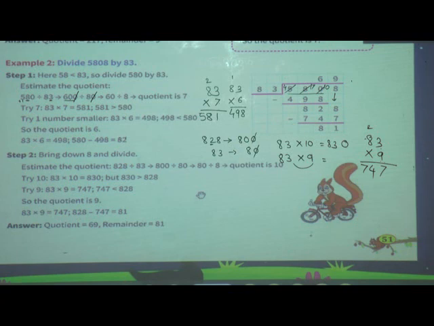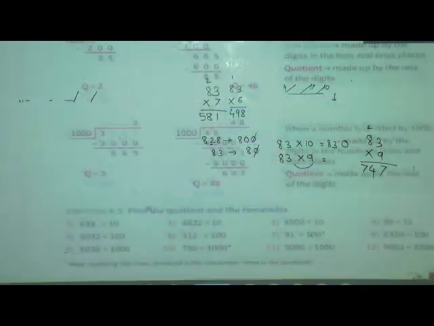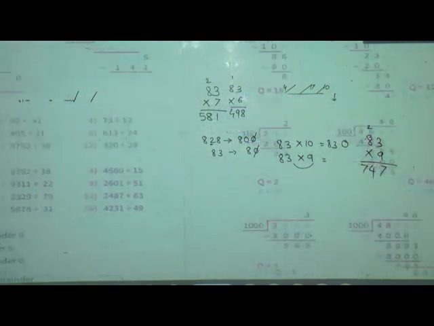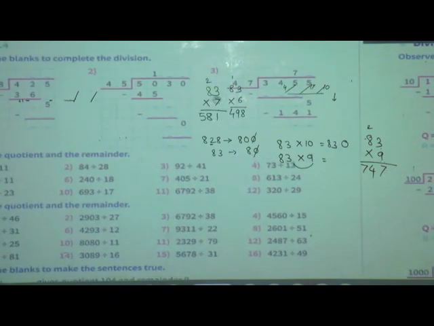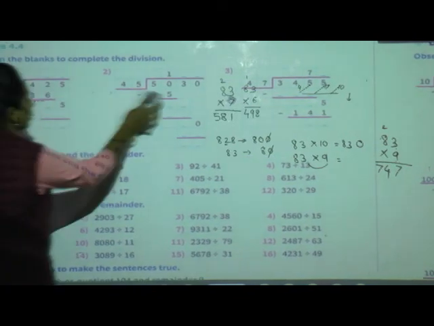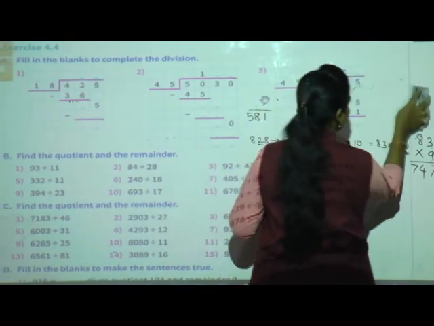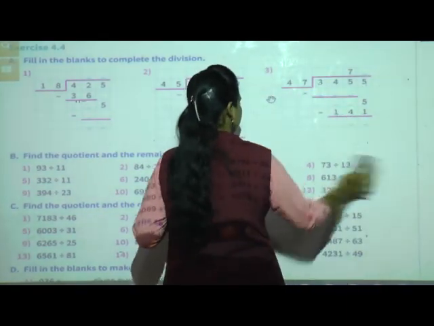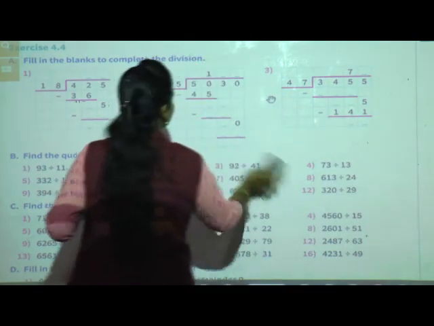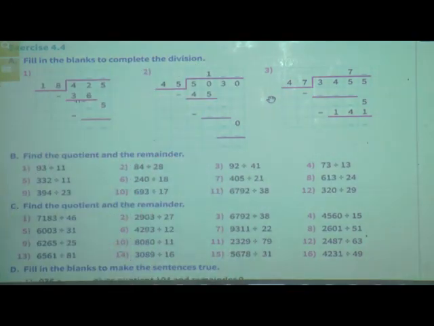Now we will start our next example of exercise 4.4. See, when you start solving, you feel it is easy.